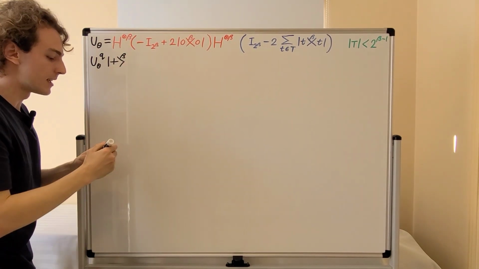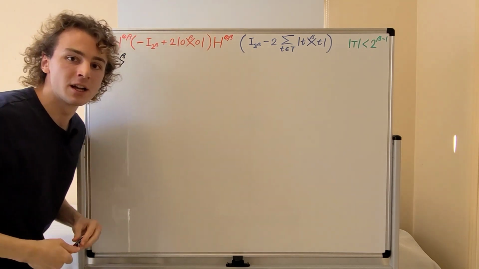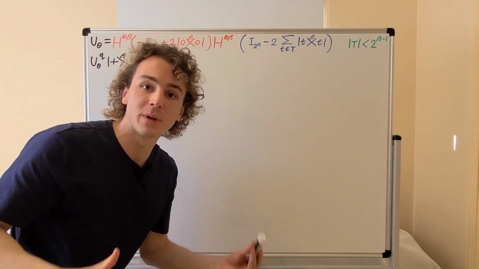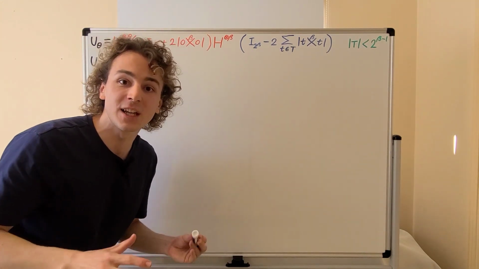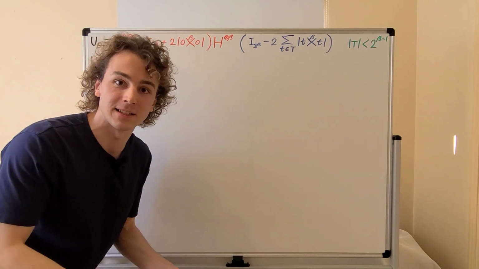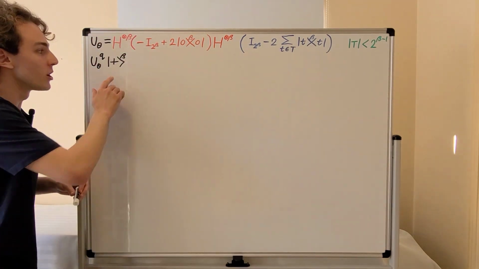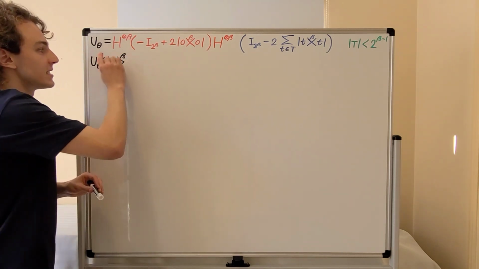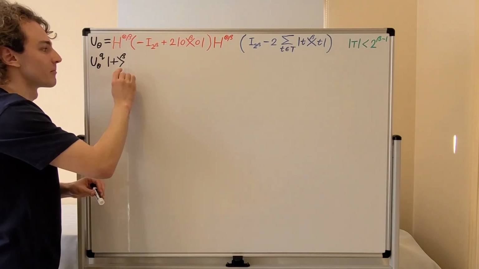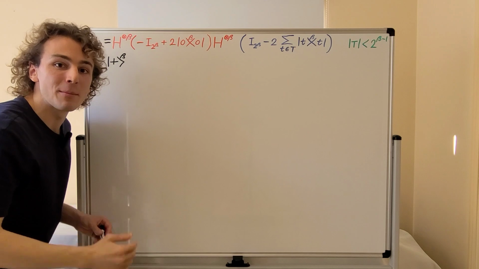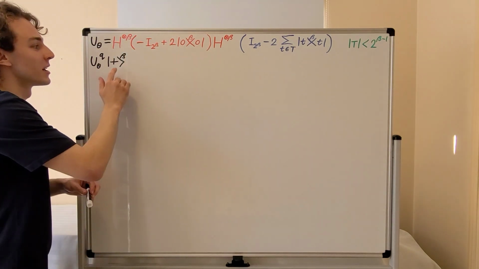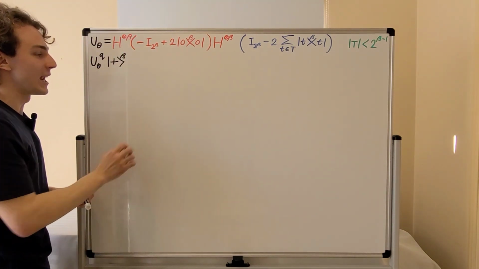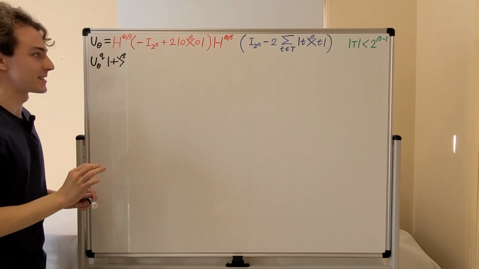This plus state is shorthand notation for a uniform superposition of all of the beta qubit computational basis states. So that includes all of the target states and all of the non-target states. They're all present in this uniform superposition. In total, we have 2 to the power of beta qubit computational basis states, and only some of them are target states.